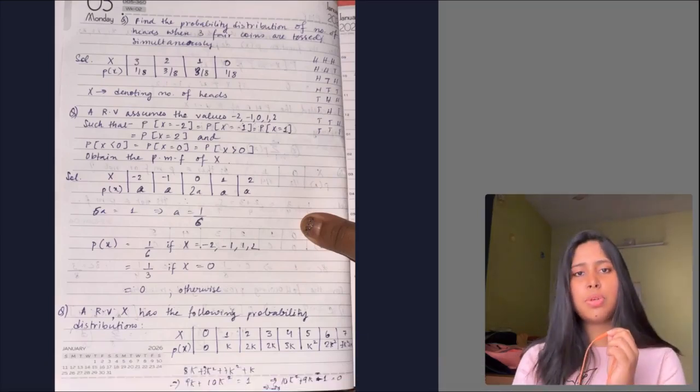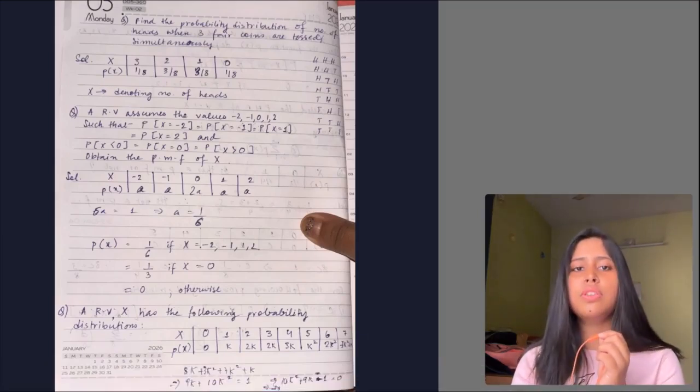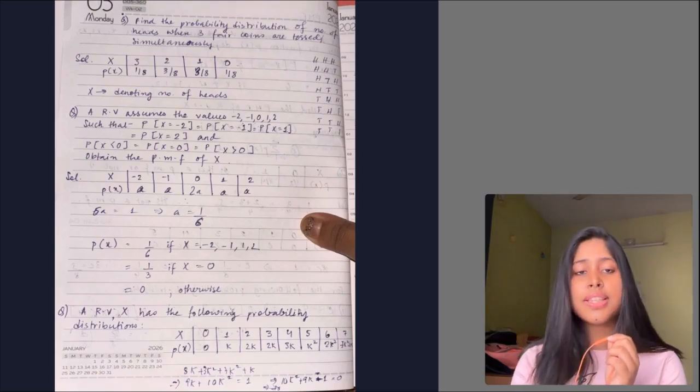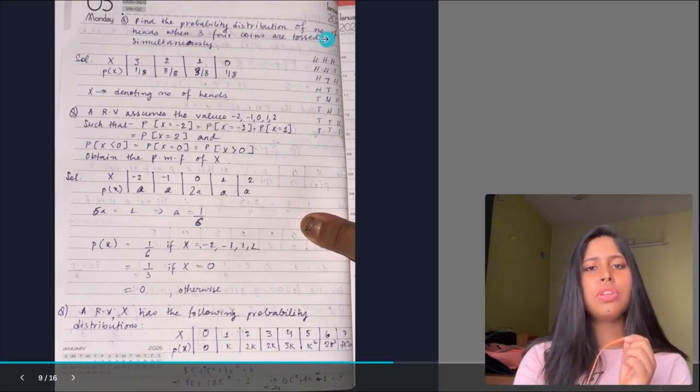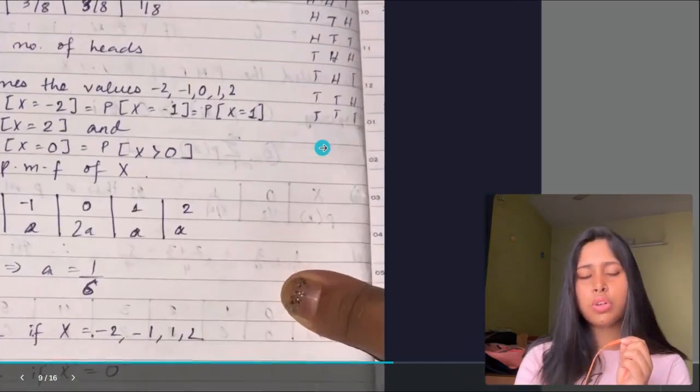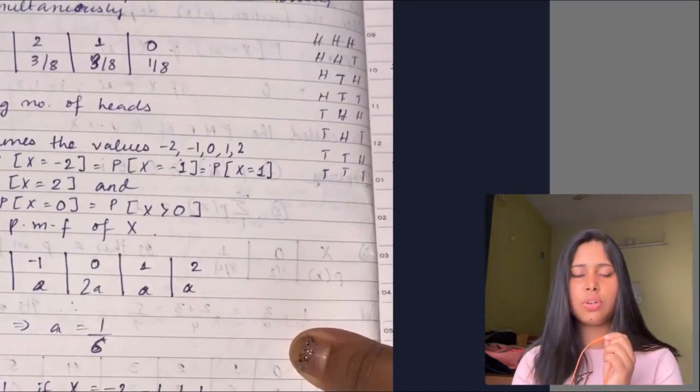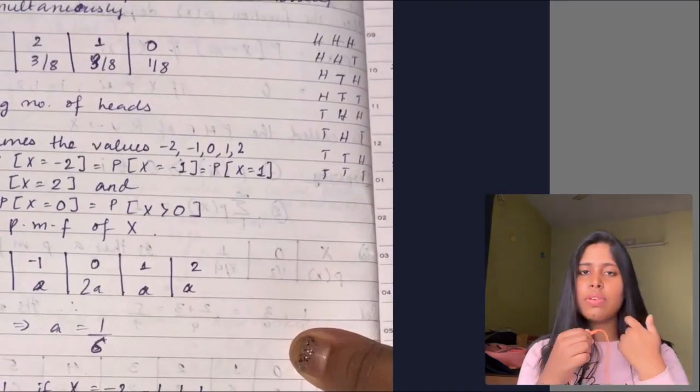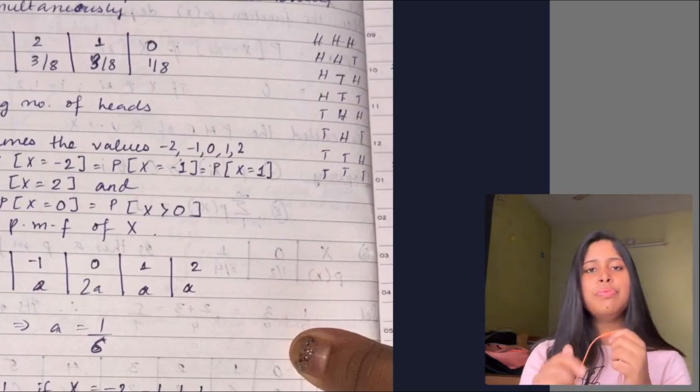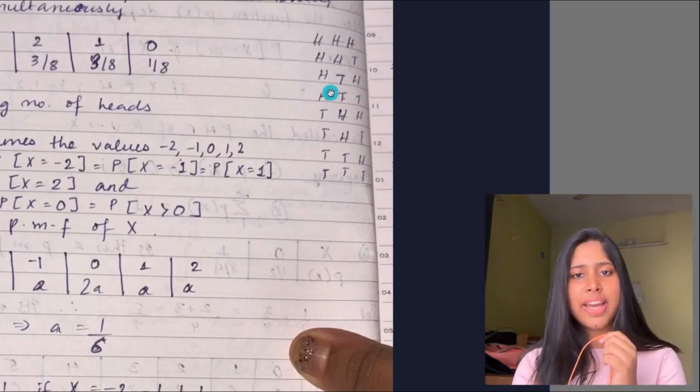Find the probability distribution of the number of heads when three fair coins are tossed simultaneously. What are the outcomes when three fair coins are tossed? I have taught you the dichotomous population, so by that you can get the outcomes: HHH, HHT, HTH, HTT, THH, THT, TTH, and TTT.